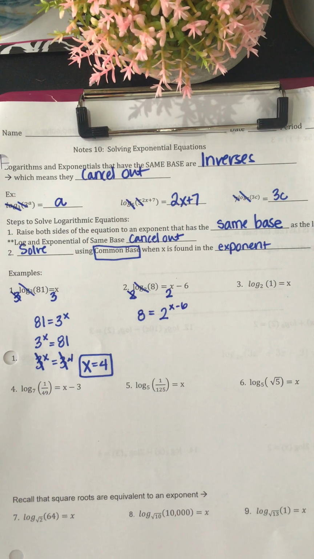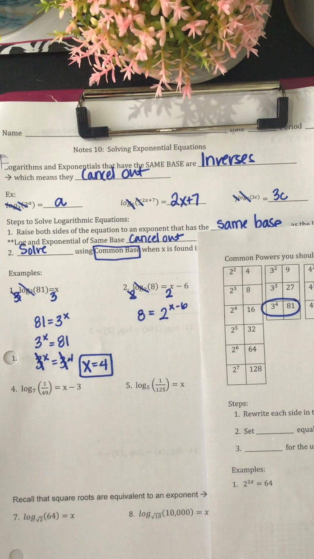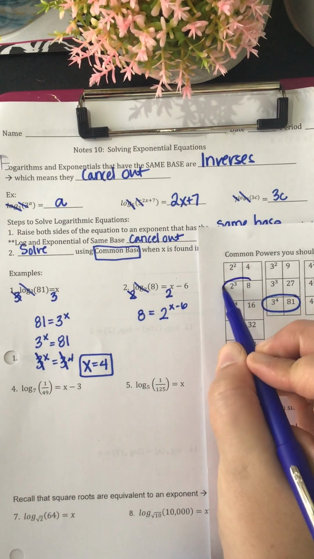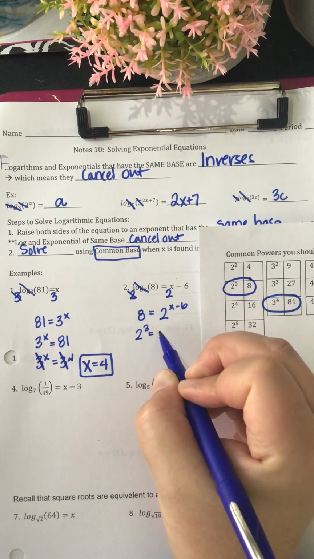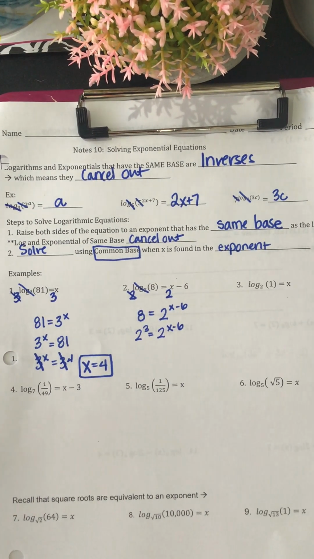And then I would look in my 2's chart and I'm trying to find the number 8. So let me put my chart back up here. There's the 2's chart. What is 8? 2 to the 3. So then I have 2 to the 3 equals 2 to the x minus 6. And then from there, what can we do?